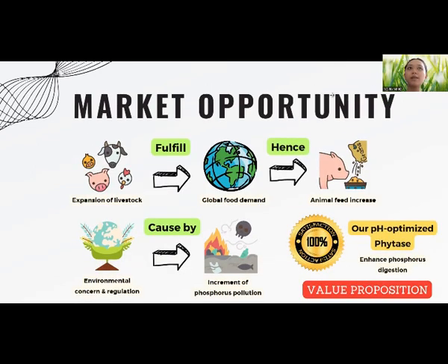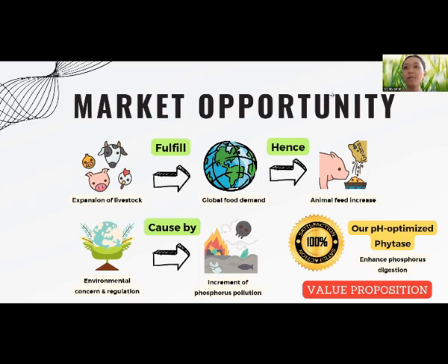Next, I will introduce our market opportunity. So, expansion of livestock can fulfill the global food demand. However, the animal feed will also increase, which will contribute to environmental pollution. So environmental concern and regulation are caused by the increment of phosphorus pollution.